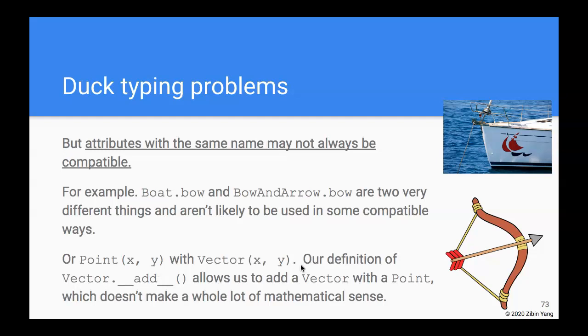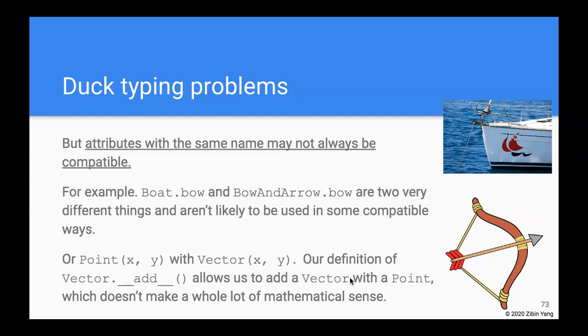Now, our definition of the vector dot dunder add that uses duck typing would allow us to add a vector with a point, right? Because all the dunder add method expects is the other parameter has an x and y attribute.